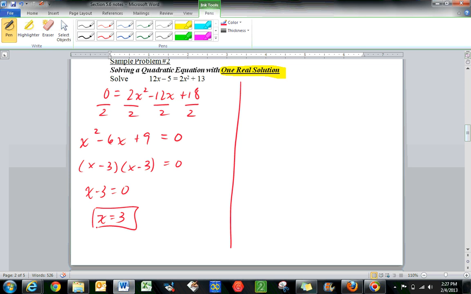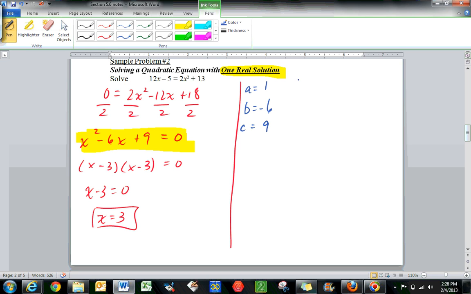Now, if I want to get some practice using the quadratic formula, I can take the new standard form here and use my a, b, and c off of that just to make my numbers simpler. There's nothing that says that we have to use the 2, the negative 12, and the 18. So in this case, I can make my a 1, my b equals negative 6, and my c equals 9 as a result of my new standard form.